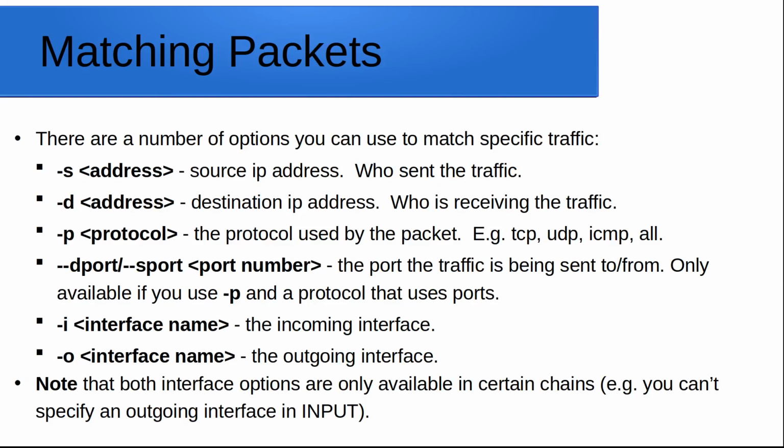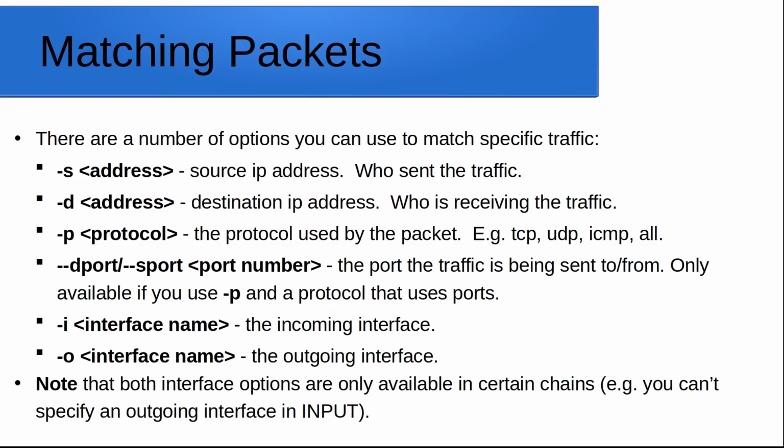Now for matching packets, there's a whole bunch of options to match packets, and you can use any of these in combination, which makes things a lot more complicated but also a lot more specific, right? So -s and the source IP address, that's whoever sent the traffic, right? -d and the IP address again, that's the destination IP address, where is it going? You can specify the protocol with the -p option, followed by the protocol, so this could be TCP, UDP, ICMP, or all.